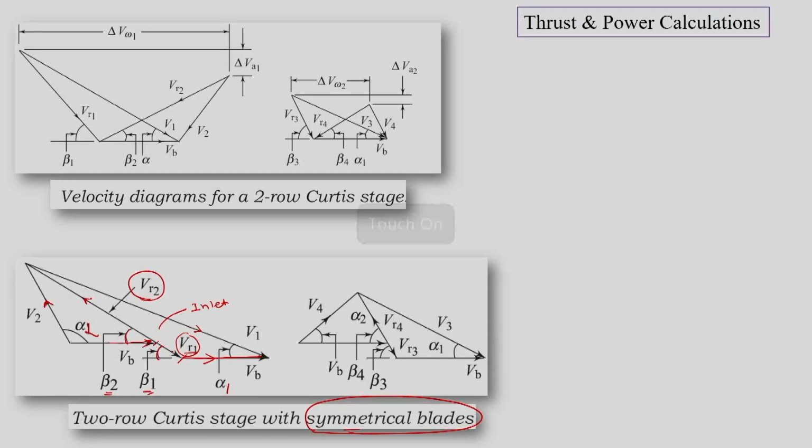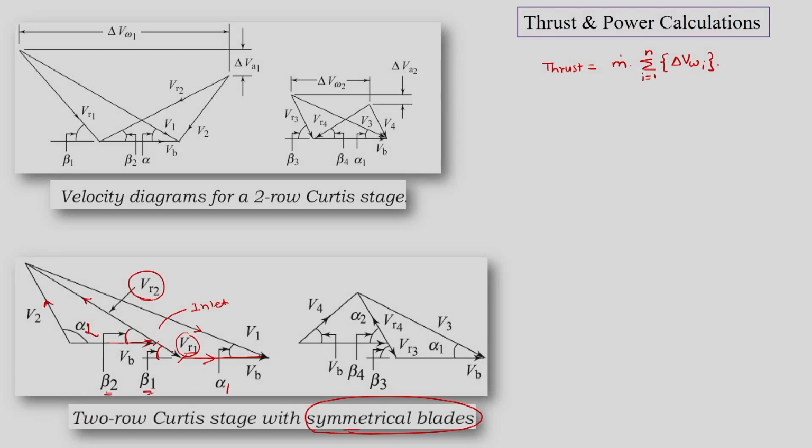So now we can make use of this diagram for thrust and power calculations. So we know that tangential thrust is equal to m dot into sigma i equal to 1 to n, where n is the number of stages, of delta VW i.